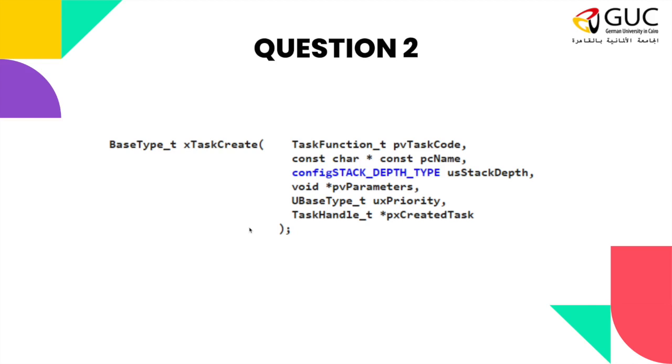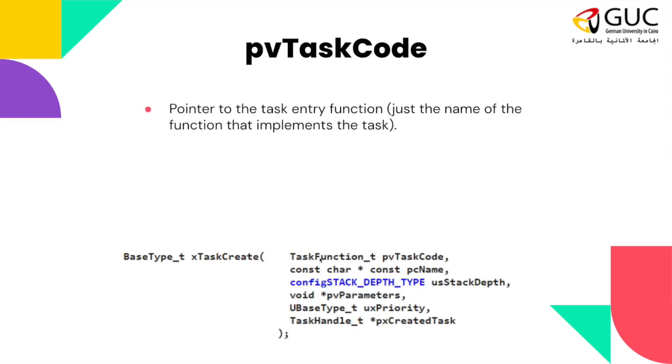Okay, so let's start with the first parameter, which is the task code. This is the first parameter: a pointer to the task entry function, just the name of the function that implements the task. So as I told you, tasks are implemented as functions or methods. In order to initialize it and include it in the scheduler options, I call xTaskCreate, and the first parameter will be the name of the function that you already created.